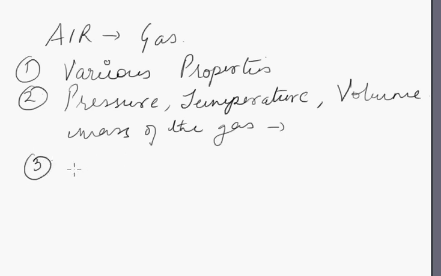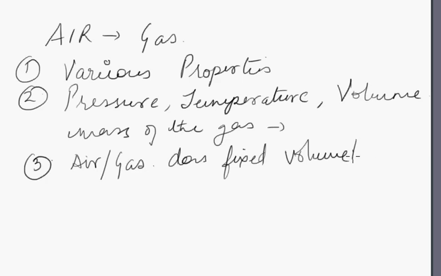Third, we can say air. We know that air, or say gas, doesn't have a fixed volume or shape. So what is the volume? Here we have said volume. As it doesn't have a shape, it takes the shape of the container.